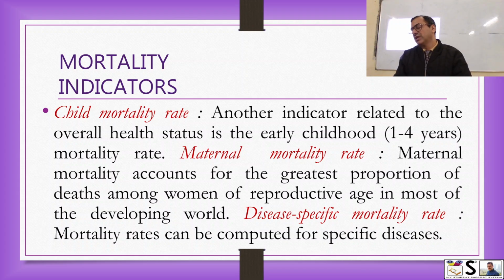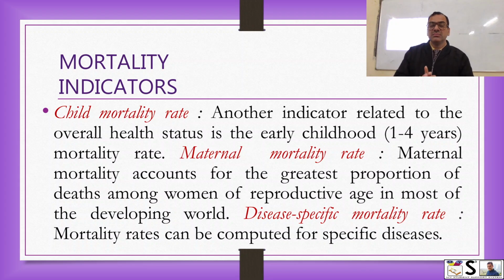Especially in developing countries the MMR, or maternal mortality rate, is quite high due to many factors, but it should be less, or even zero. If we are able to provide the best antenatal services, then it should be zero, but it is not zero in our country, or especially in all the developing countries, which still have higher maternal mortality rates.